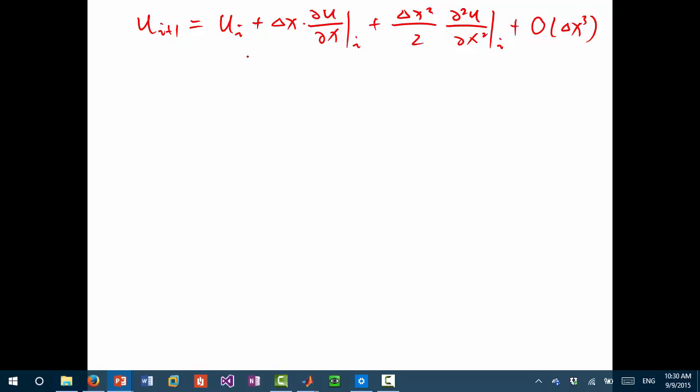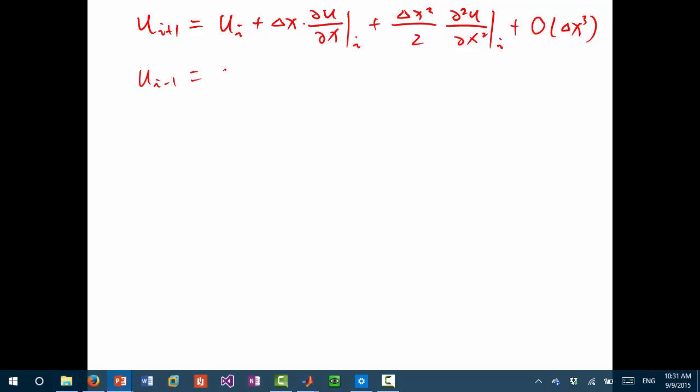Is that familiar to you? Taylor series analysis. A huge fraction of numerical PDE is based on Taylor series analysis. So you should be able to, a few lectures ahead, write down Taylor series analysis like this without even thinking.